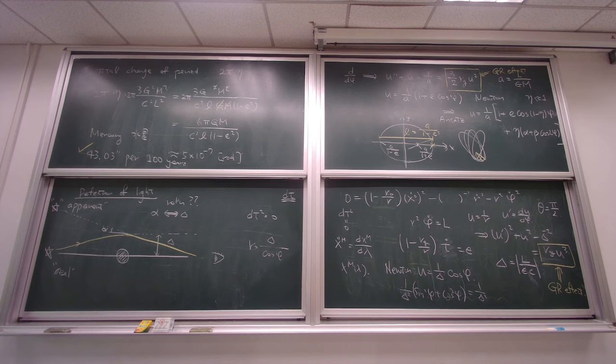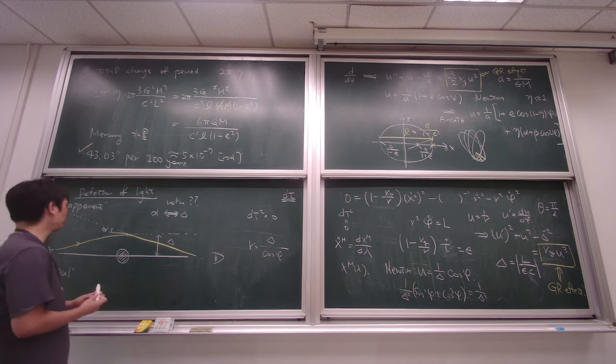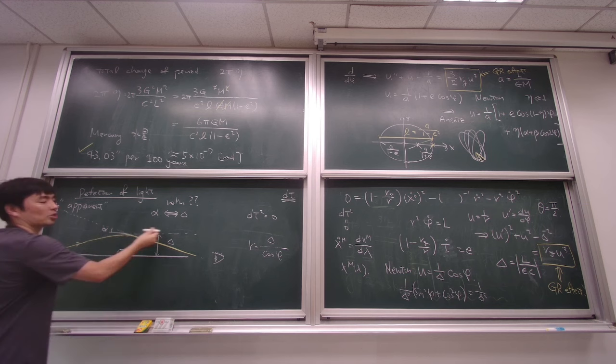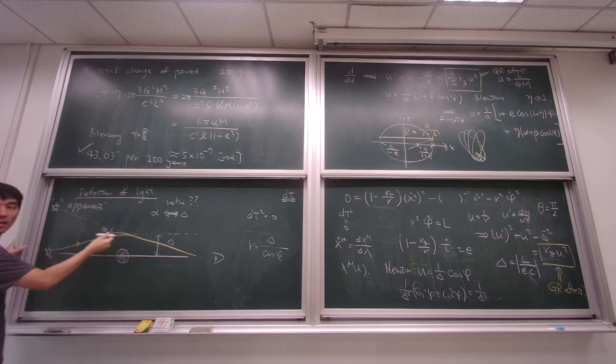Which means that if you start the light from distance delta, you just go straight, parallel. Do you understand?